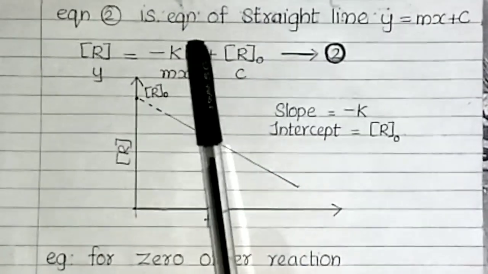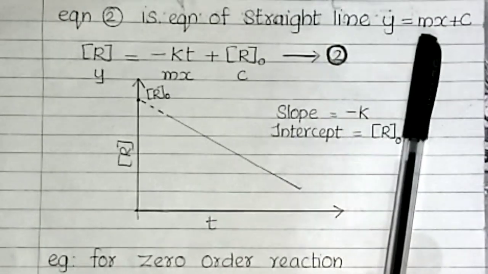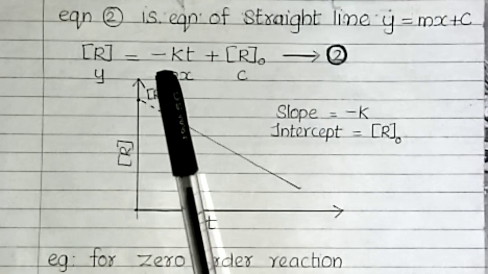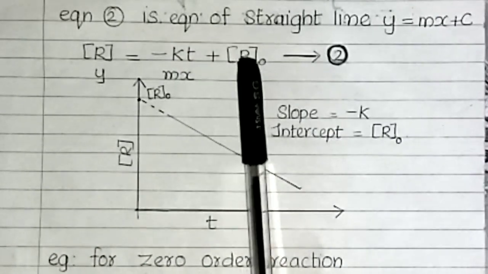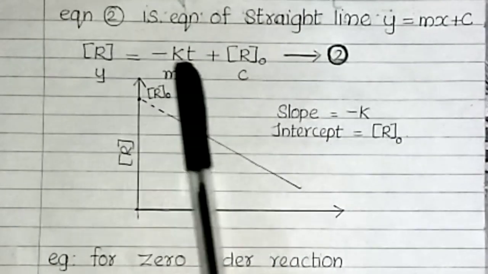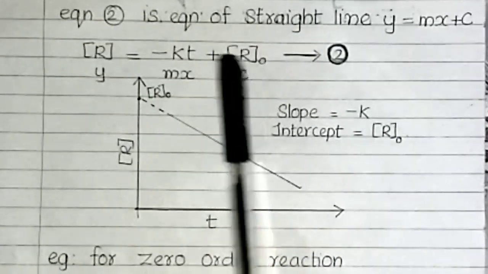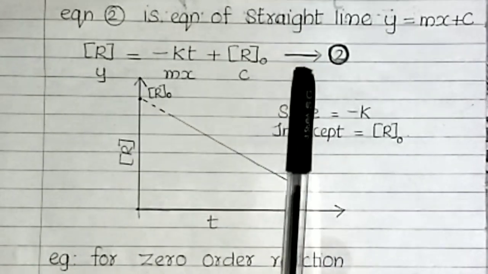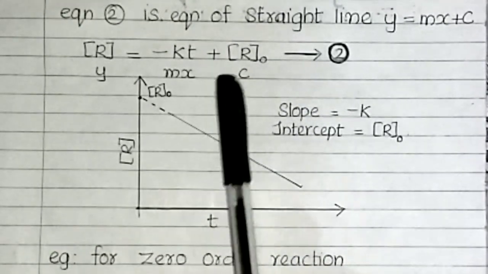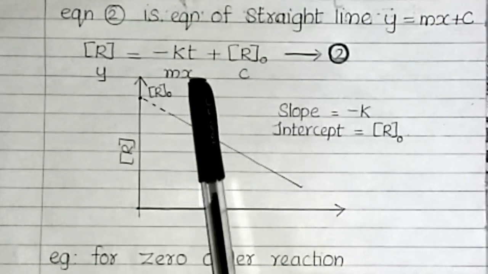Equation number 2 is the equation of a straight line, y is equal to mx plus c. That is concentration of R is equal to minus Kt plus concentration of R0. This is equation number 2. Here y, mx, c. Then we plot a graph with y, that is concentration of R, on the y axis and t on the x axis.